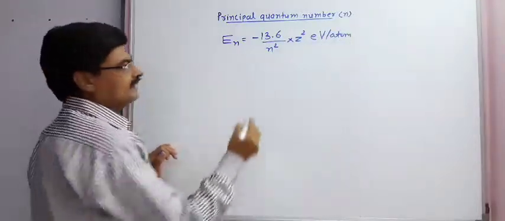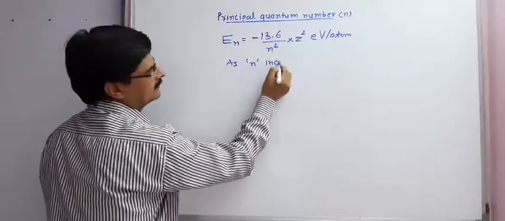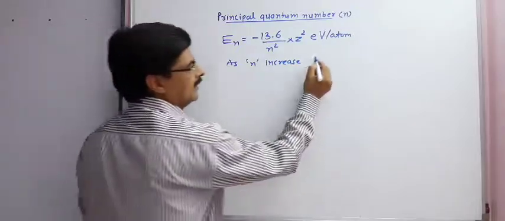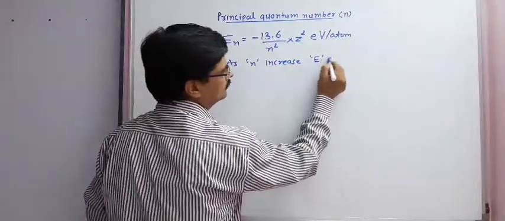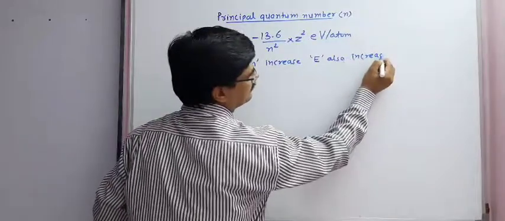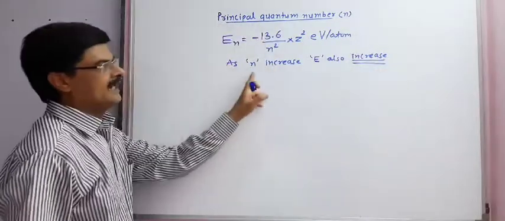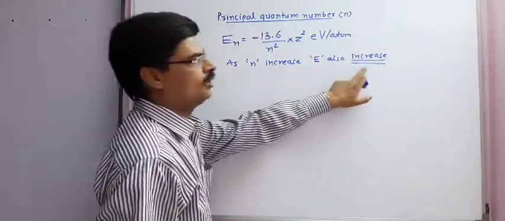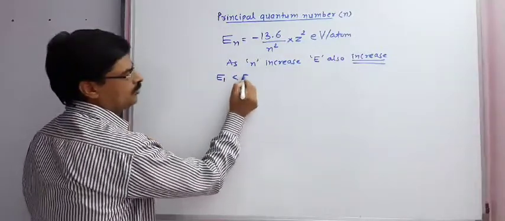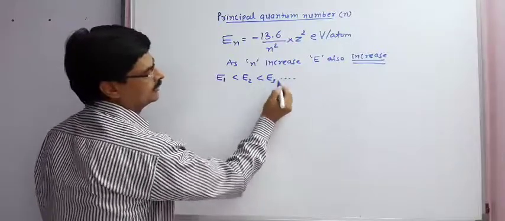From this we can say as n increases, energy also increases. Means we can write E1 smaller than E2 smaller than E3 and so on.